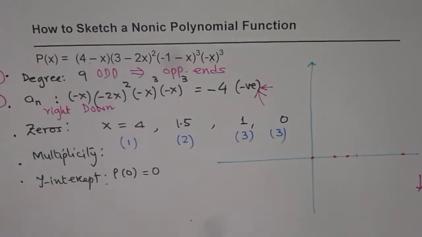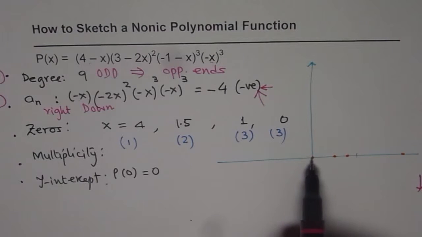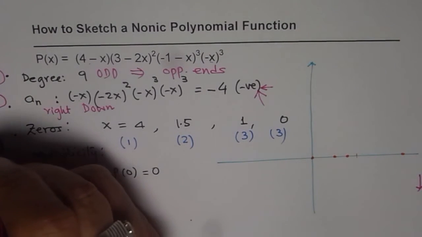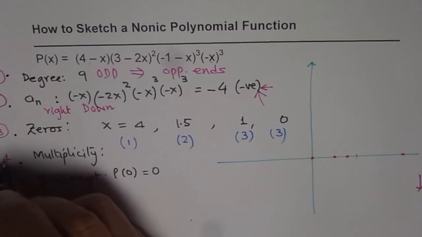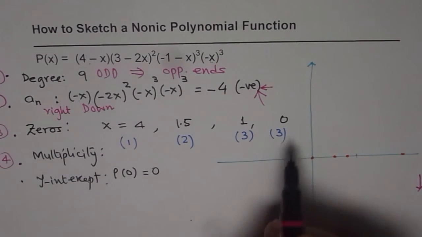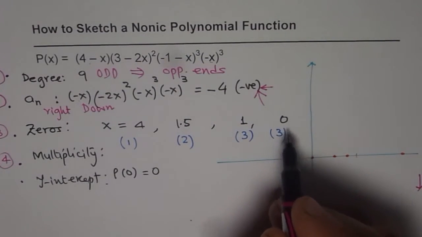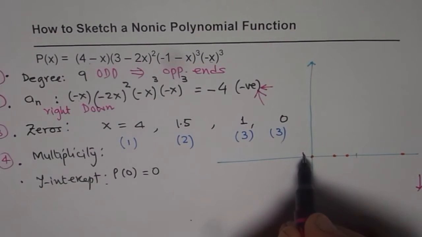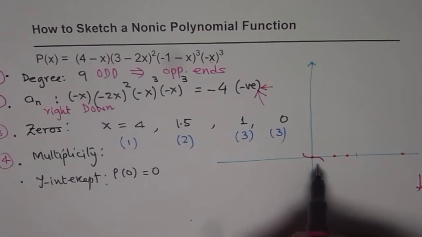Then let's look into zeros and multiplicities. We have already marked our zeros. Multiplicity: the one at the origin is of multiplicity 3. So here it will kind of turn like this and go. The x-axis has to be a horizontal tangent at this point.